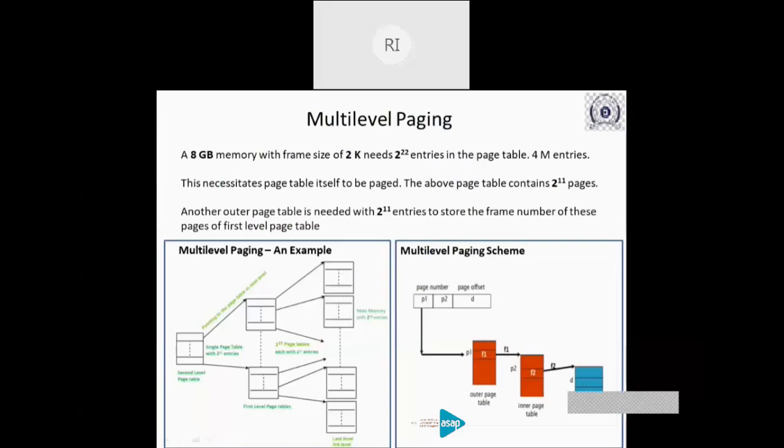So in this scenario we have unused space in memory, but we cannot allocate this space to the program just because it is not contiguous. That is external fragmentation.